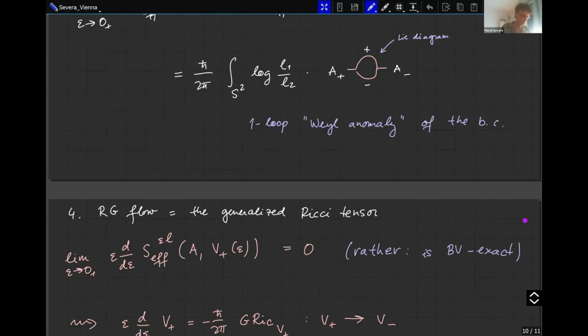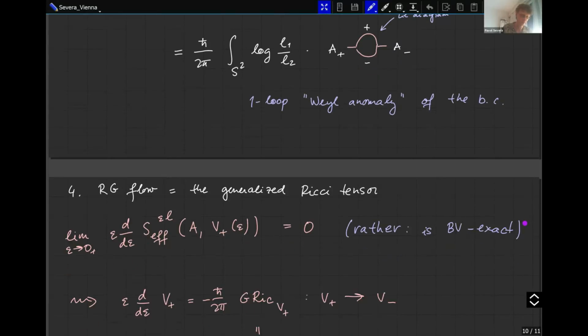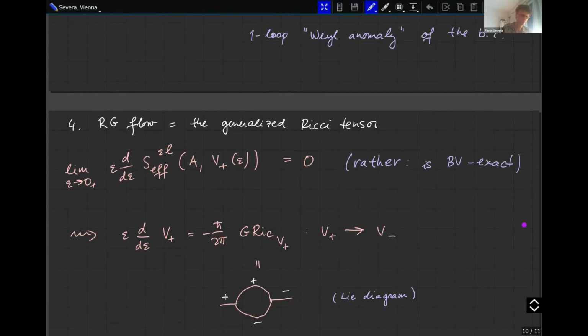And to finish this story, using that result, the Weyl anomaly, we can now find this promised renormalization group flow of V plus as a subspace of G. So what is the idea anyway? You see those diagrams, or those integrals, are divergent.